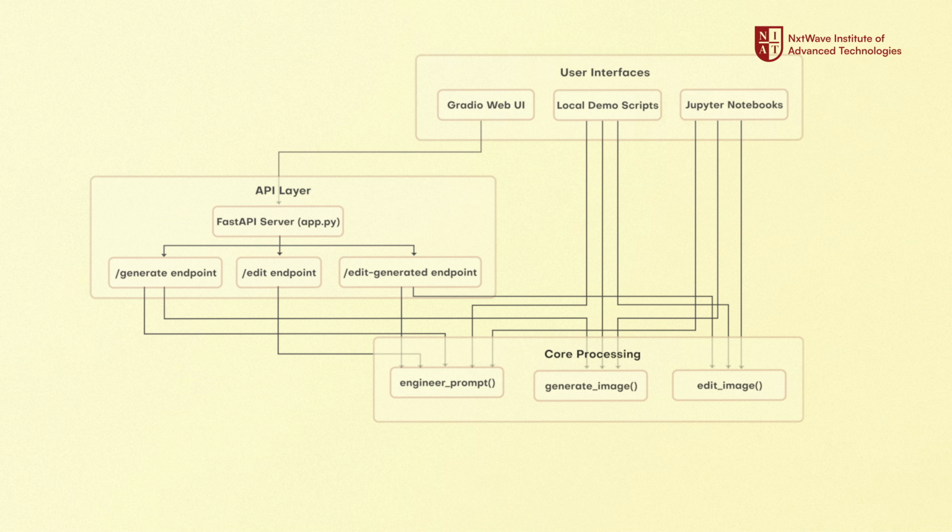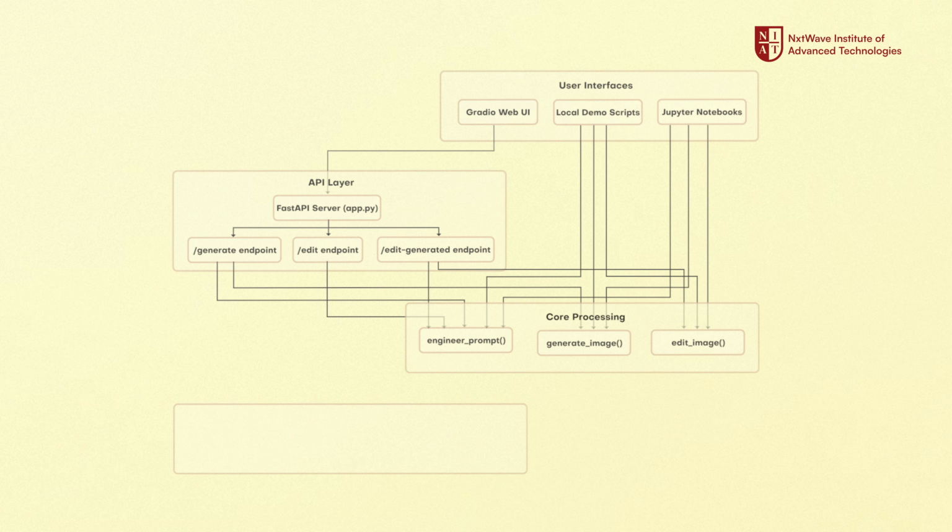So let's say you want to generate an image of a salmon, as we saw, it will generate that first, and then if you want to further edit and refine it, it will go to edit image. Or we can also upload an image and edit that image directly. So this is the core processing that is happening, which we saw both in our local demo as well as in our Python files that are connected to the UI.